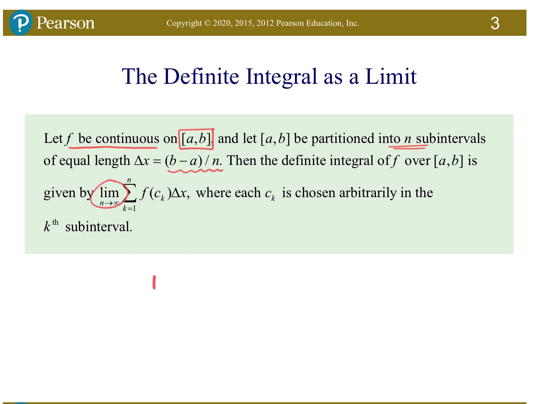And so when you just have k equals 1 to n of the height, which is following the curve, they have c sub k, we could have x sub k, however you want to do that, delta x. That by itself is just called a Riemann sum. When you say that there are infinitely many of those, that is what will convert that into an integral.